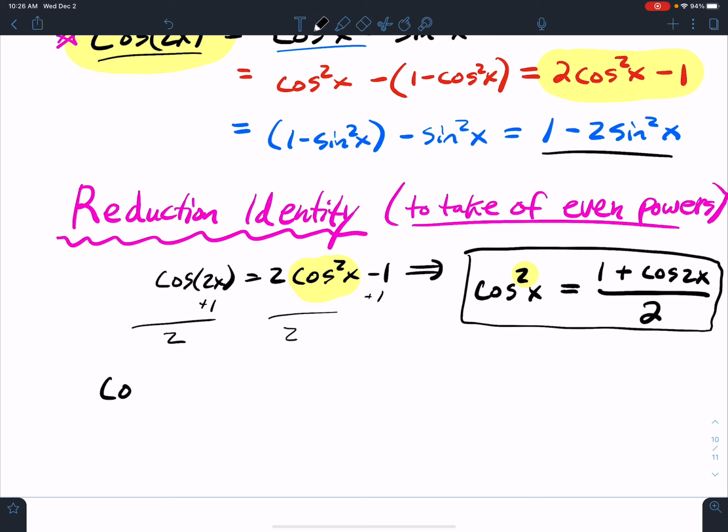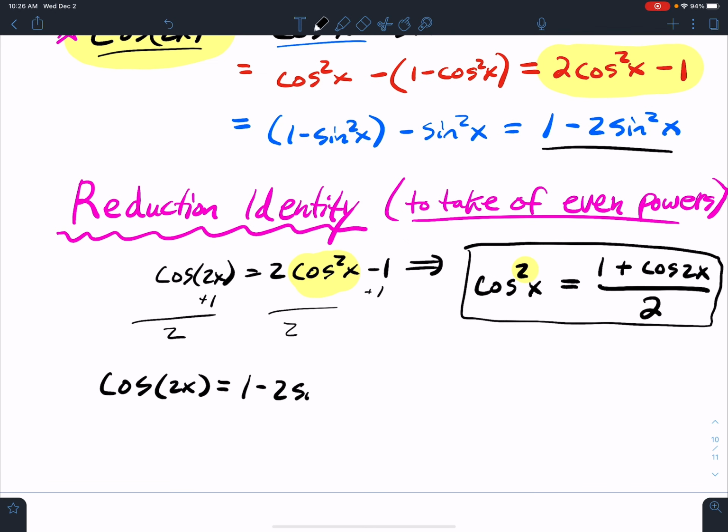Now the other one: cosine 2x equals 1 minus 2 sine squared x. And so then, if I solve for sine squared, I'm going to subtract 1, and then divide through by negative 2.